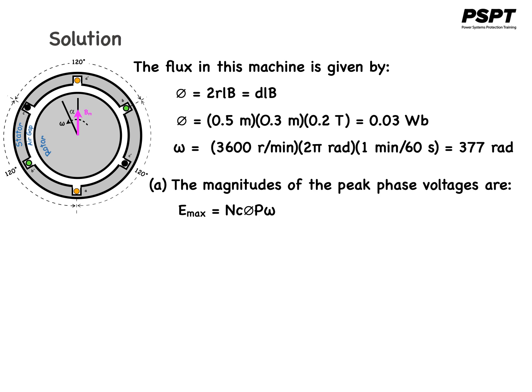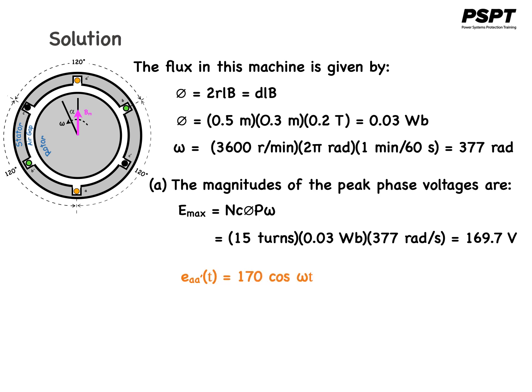There will be more on this pole count later. That equals 15 turns times 0.03 Webers times 377, which is 169.7 volts.